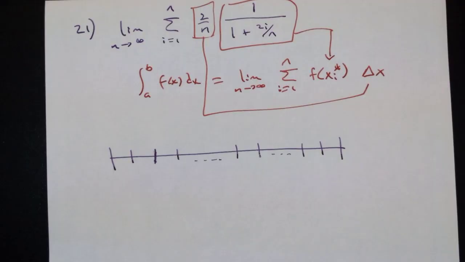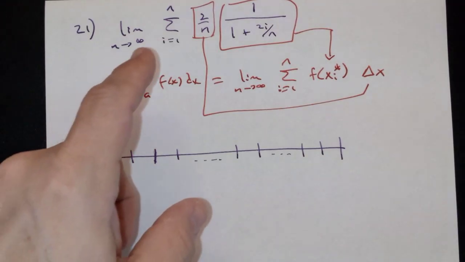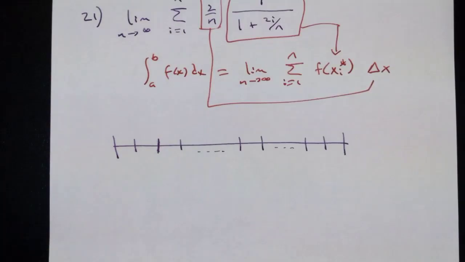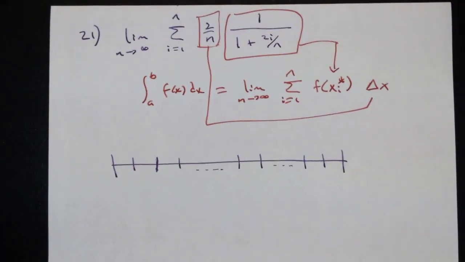If I want to use this to come up with delta x, it goes from the left end to the right end. I subtract right minus left, and I divide by n. That's the piece I think is delta x, right?